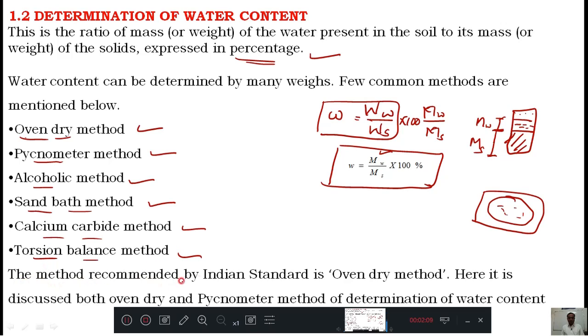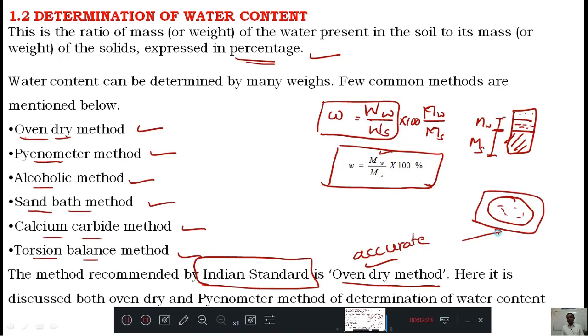The method recommended by Indian Standard is only one type, that is the oven dry method. This is the standard and also an accurate method of determining the water content present in the soil. Here we discuss both the oven dry method and the pycnometer method.